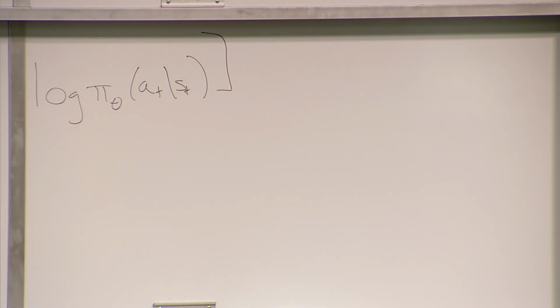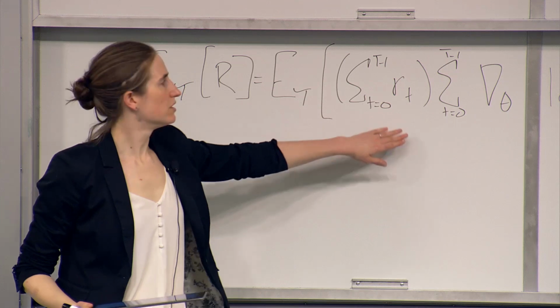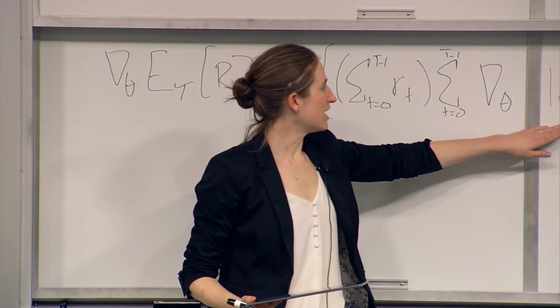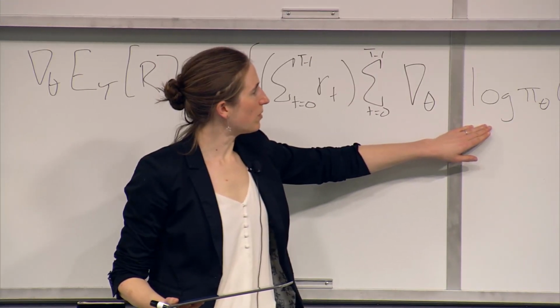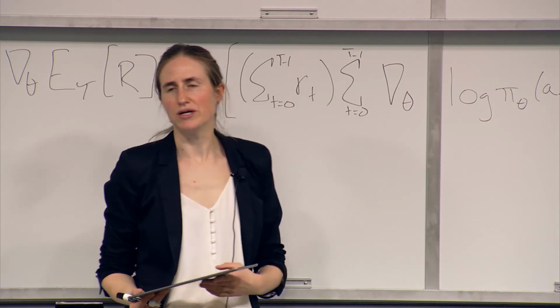That's what we had before. We sum up all of our rewards and multiply by the sum over all of the gradients of our policy at every state-action pair in that trajectory.